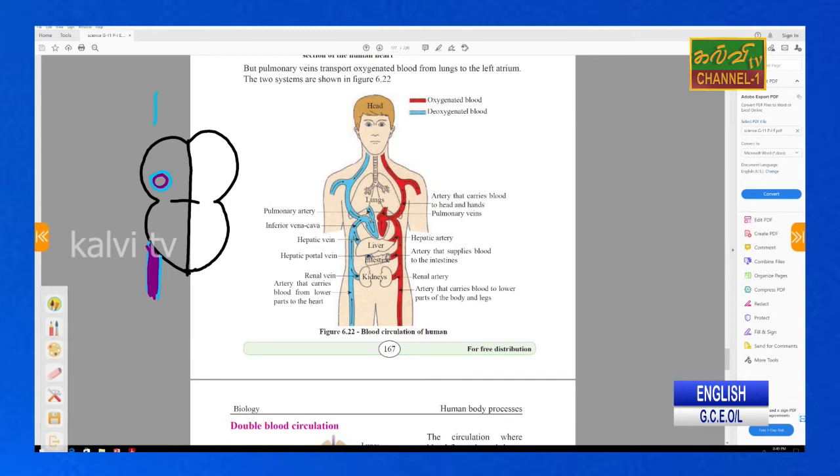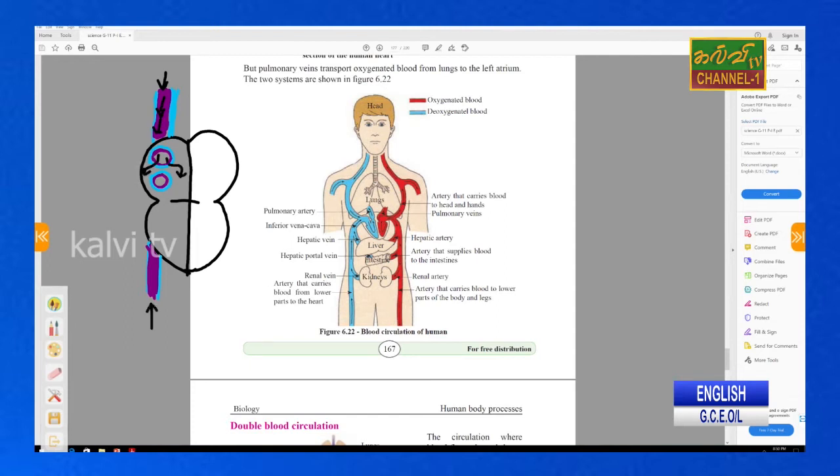And another vein also carries deoxygenated blood from the upper part of the organs, and it opens into the right atrium. So both of them carry carbon dioxide, deoxygenated blood. We call it deoxygenated blood.